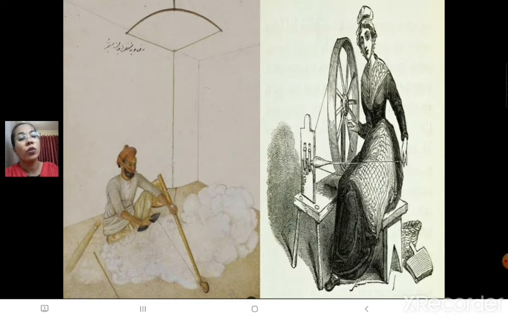Now here you can see, children, the first image is an image of carding, where the sorting of the cotton is done to remove the fiber, to segregate the fiber. And then the other image is about the twisting and spinning, right? And then the rolling of the cloth is done. Clear? So in this way, a lot of improvements were done in this process. Clear, children?